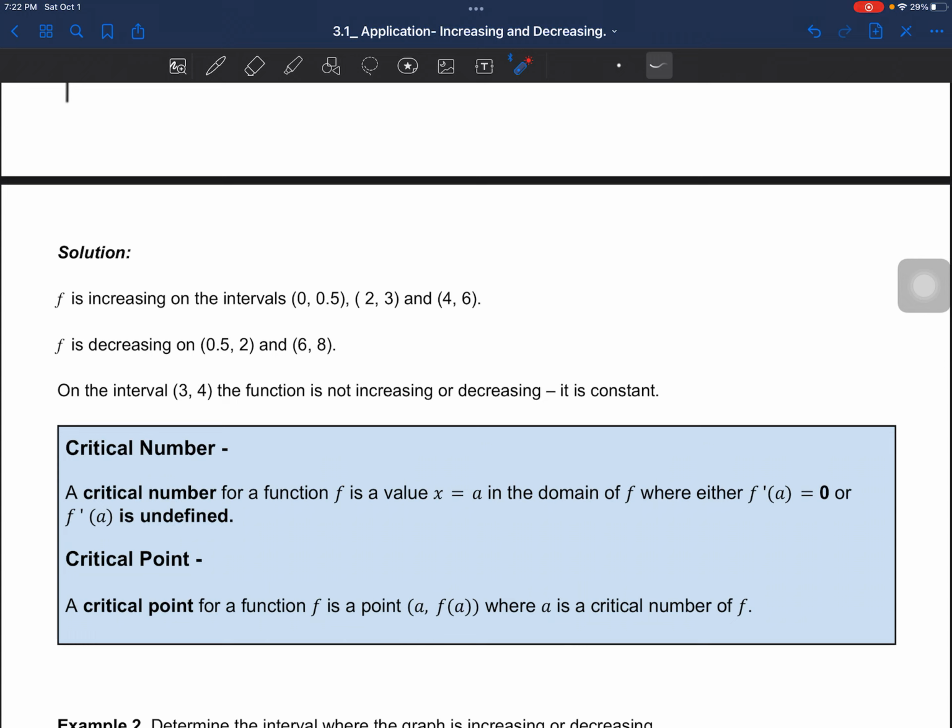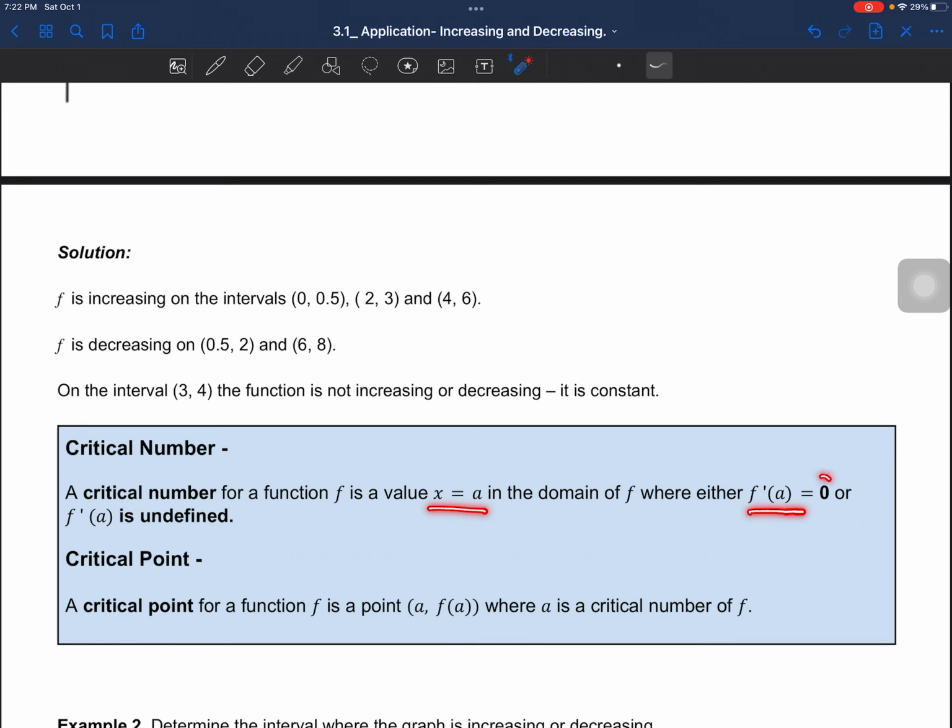but also in real life problems. And lastly, if we define a critical point, well, a point is composed of an x value and a y value. And we already know, if we assume that a is a critical number, then that will create a critical point if we can find the corresponding y value of this x value. Let me say it again.